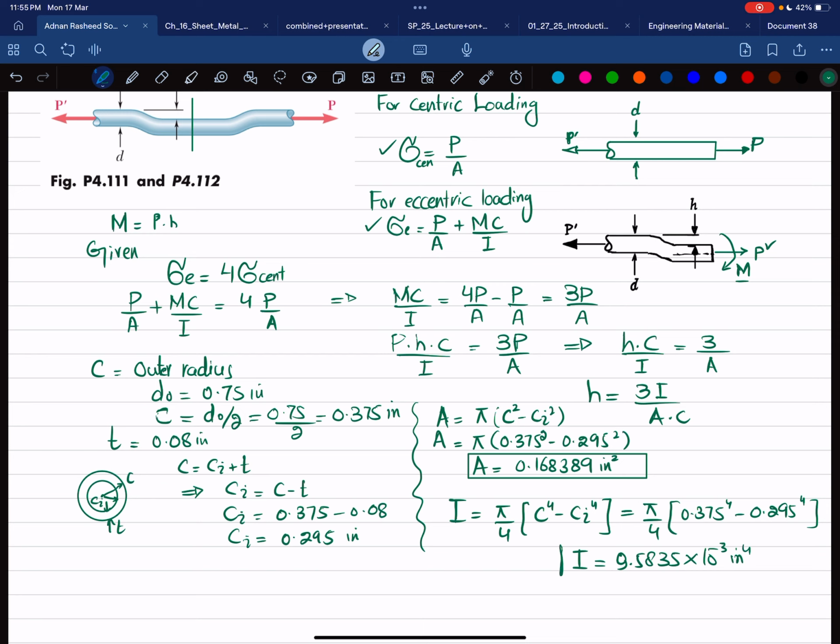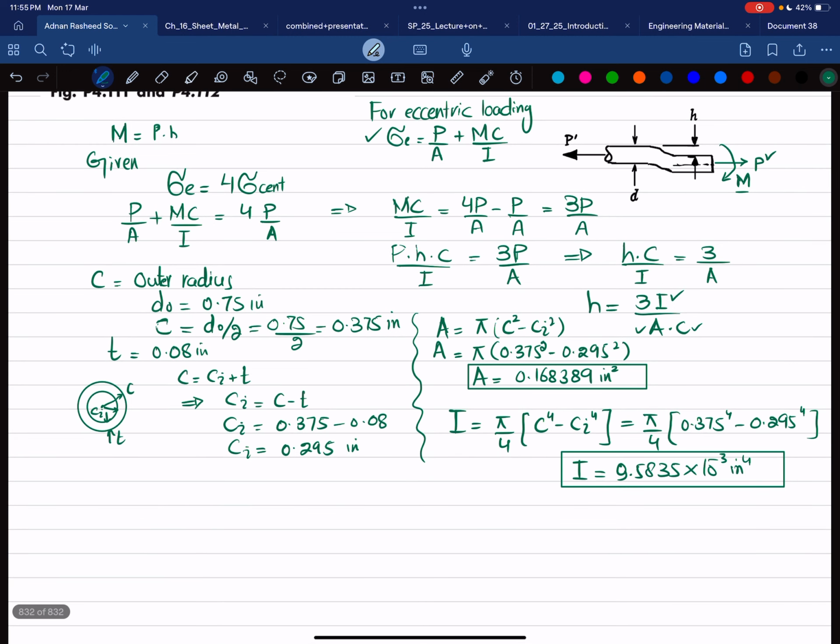Now you have all the values: I, A and C. Just plug them into this formula. H is equal to 3 times I divided by A into C. So 3 multiplied by 9.5835 into 10 raised to power minus 3, divided by area 0.168389, and C is the outer radius, which is 0.375.